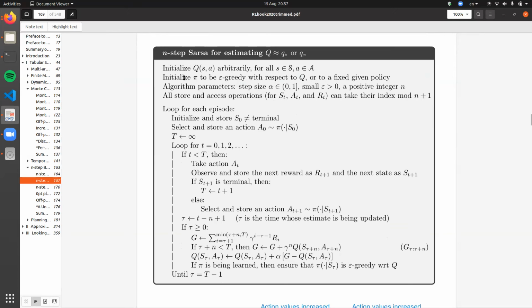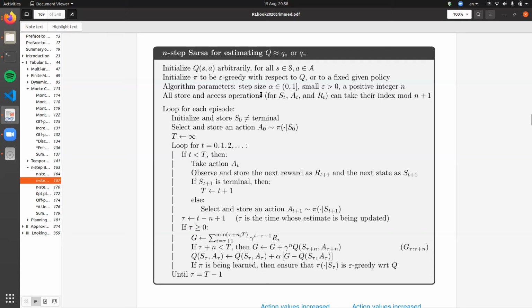And then we initialize the policy. At this point in time we initialize all this stuff randomly. So we can start with a random policy and a Q initialized with some constants as we saw before.